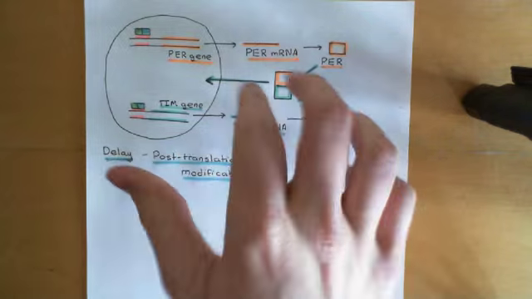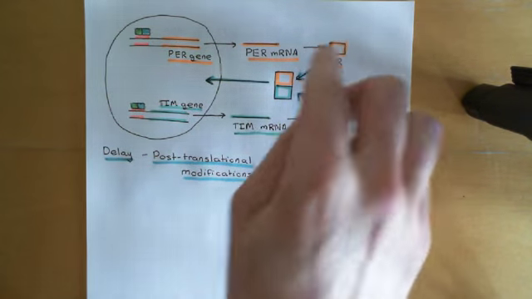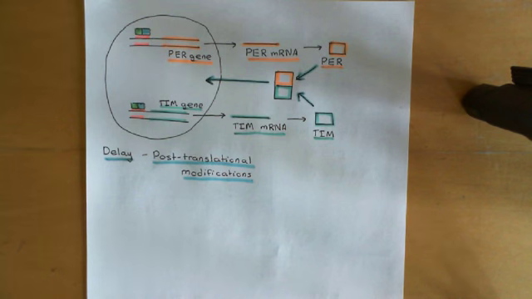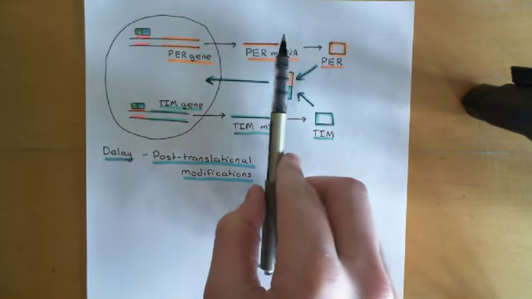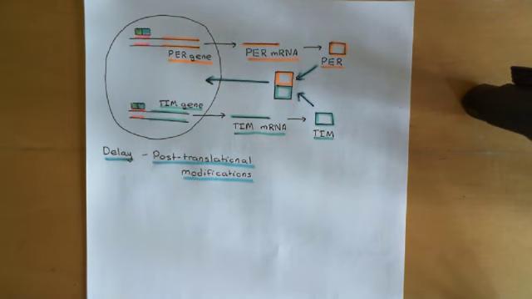There are loads of little tweakings, loads of faffing that is occurring, loads of little modifications that are being made to the period and timeless proteins, both before they can actually even heterodimerize, and then also to the heterodimer in order to allow it to get into the nucleus. So that is why it takes so long. That's why it takes 12 hours, basically, to get the period and timeless proteins ready so that they can go into the nucleus.